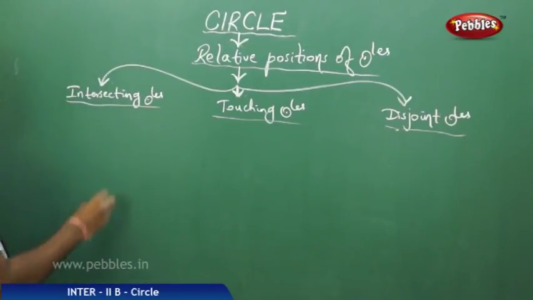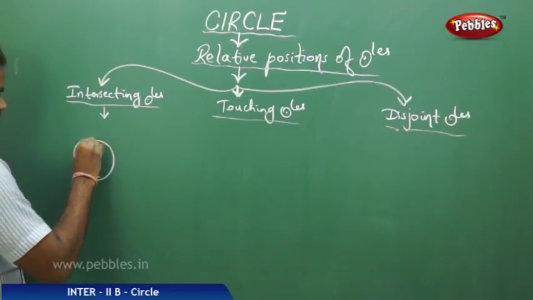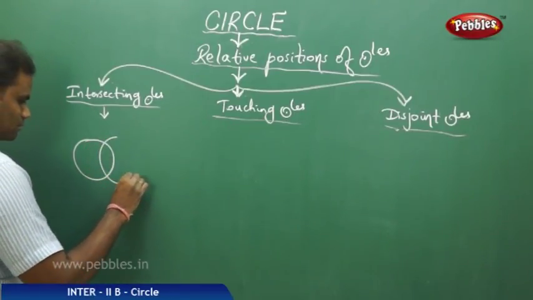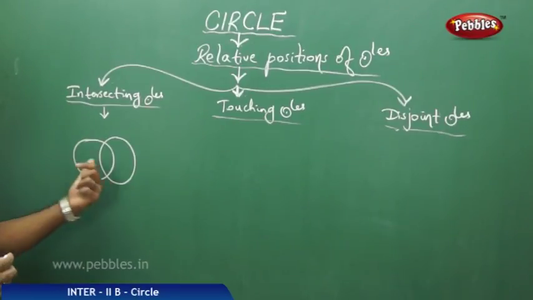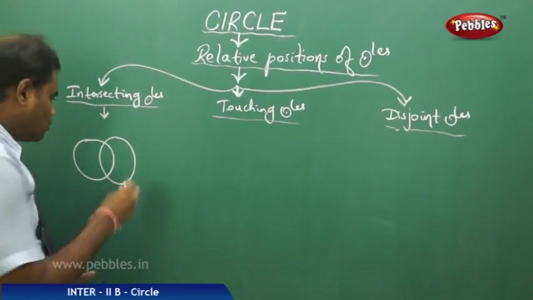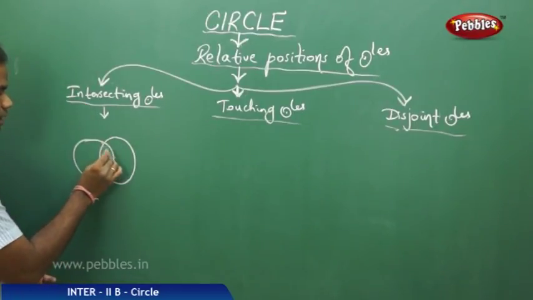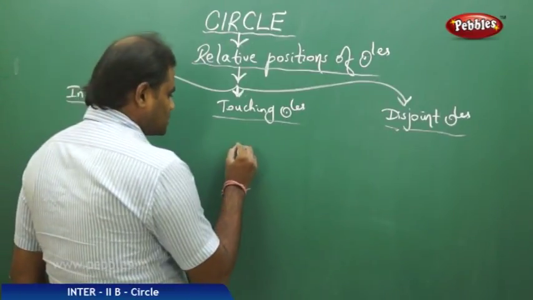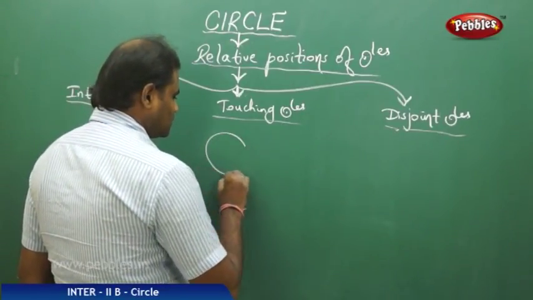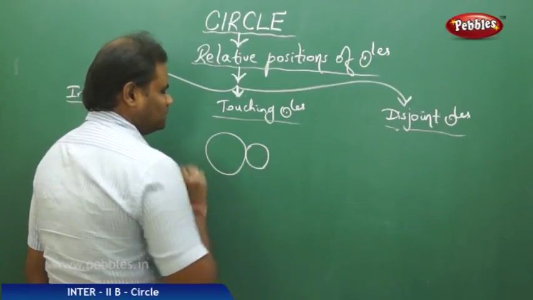Now, two circles are said to be intersecting if they are in this form. They are intersecting circles because they have some overlapping region in between. When I say touching circles, I have two circles touching each other.